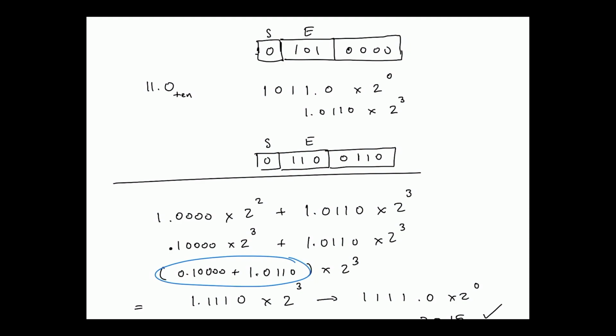Looking at those two numbers, which one has the bigger exponent, 101 or 110? Who votes for the first one's bigger? Who votes for the second one's bigger? Yeah, okay. So it makes it very obvious which one of these two things is bigger.